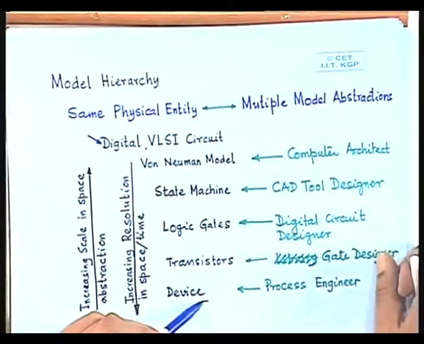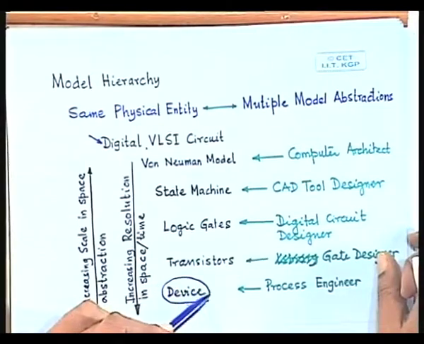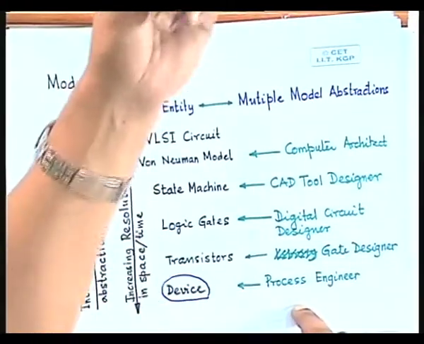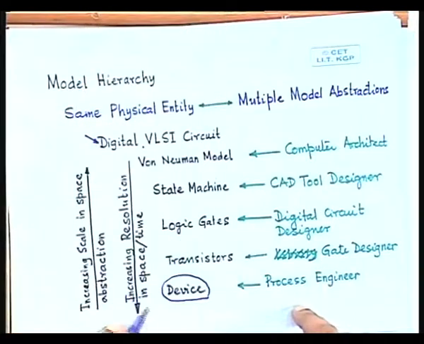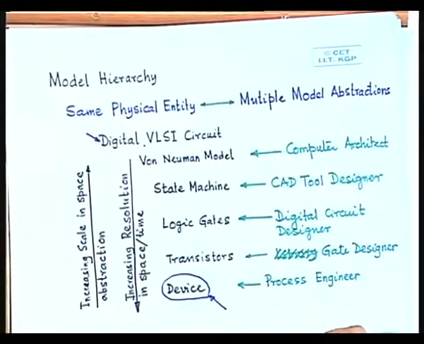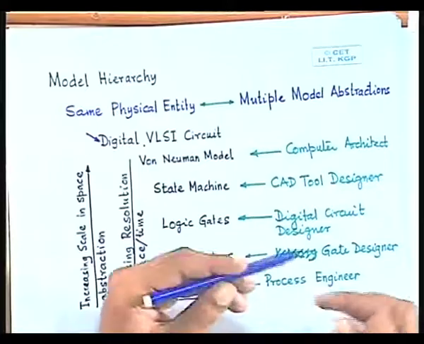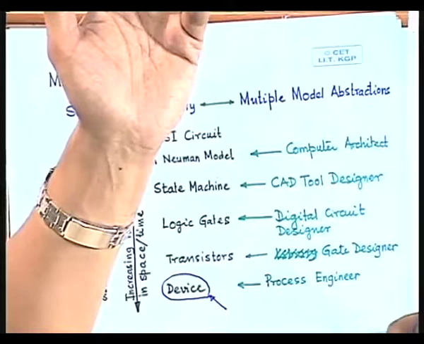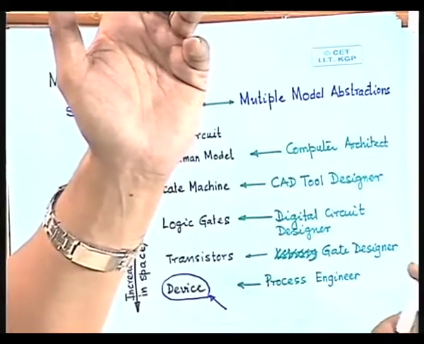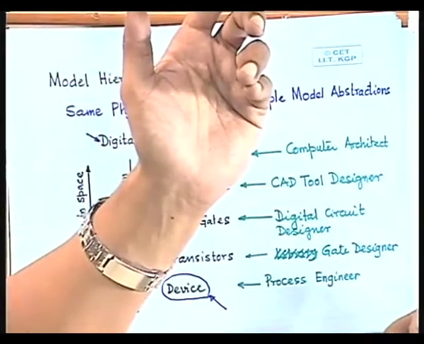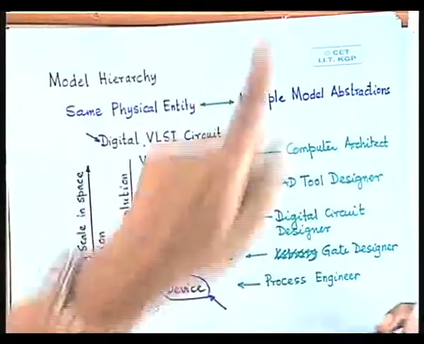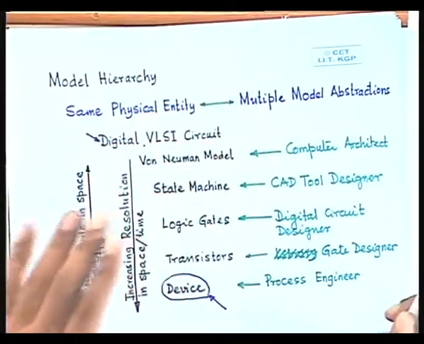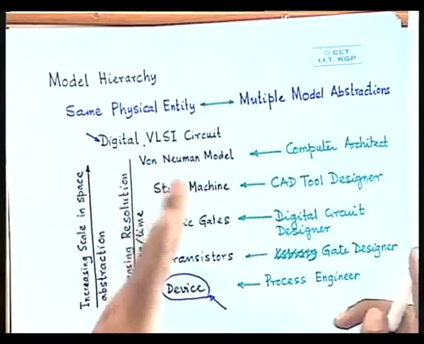For example, the person who is designing the actual semiconductor manufacturing process looks at it like this all the time. On the other hand, when you design a digital circuit, you don't bother whether it's made of transistors. You are only bothered with its truth table. But the person who designed the gate had to bother about the transition time, how fast it rises.